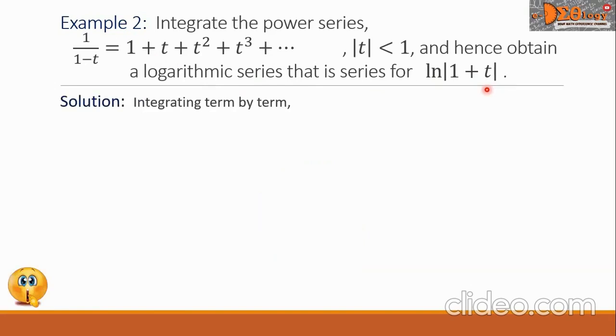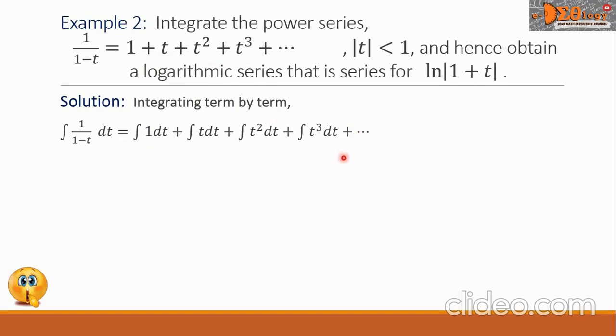First, let us integrate term by term. Let us show that we want the integral of 1 over the quantity 1 minus t, dt. So we have here now the integral of 1 dt plus the integral of t dt plus the integral of t squared dt plus the integral of t cubed dt plus, and so on.